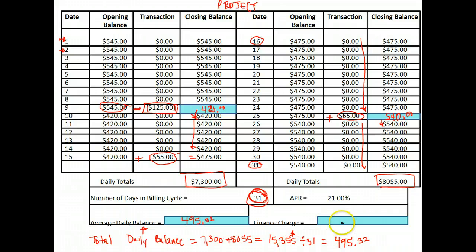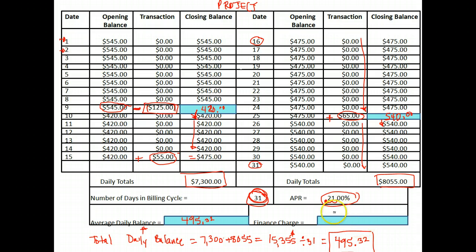The only other thing we have left to fill in is the finance charge. With the average daily balance method, to find the finance charge, you take your average daily balance, which we have right here, and you multiply it by the interest rate, which it says is 21%. Move the decimal 2 places to the left, we get 0.21.